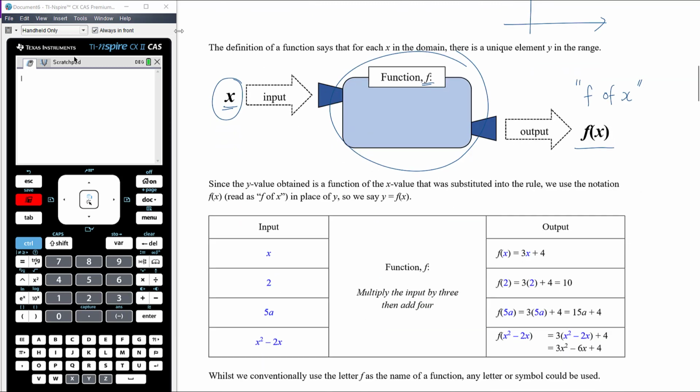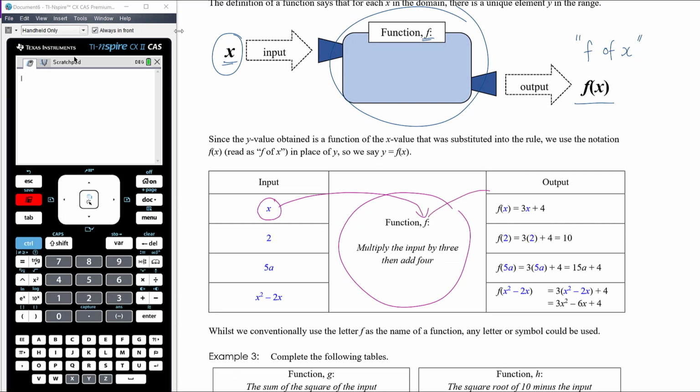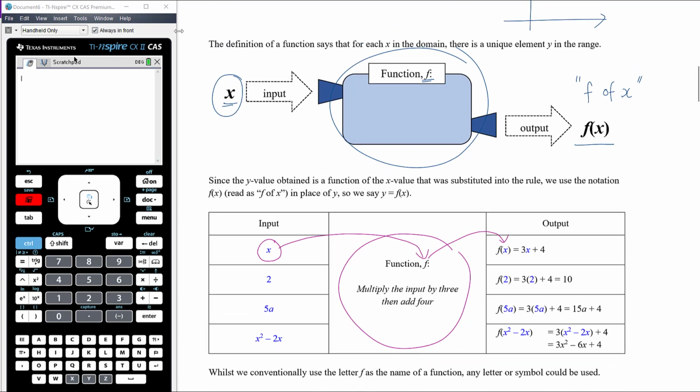All right, so let's think about this simple function. This particular function is: take the input, multiply it by 3, and then add 4. So if our input is x, we apply the function f to it, which means we get f of x.